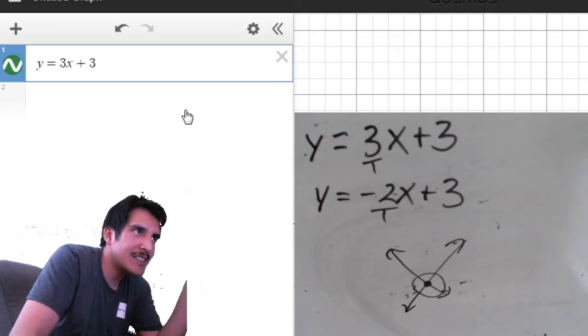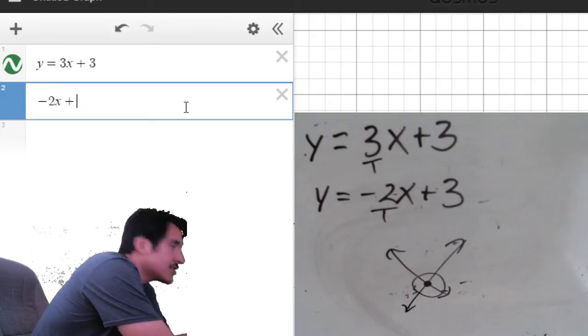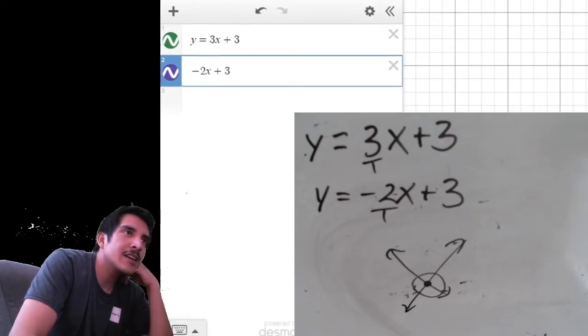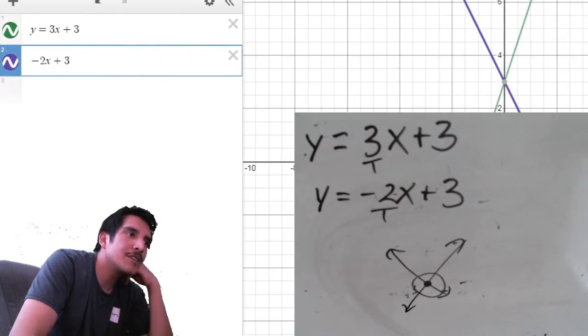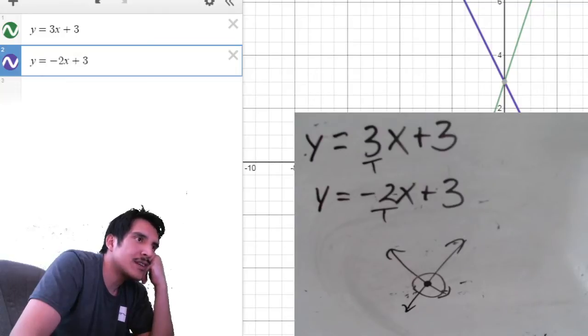That looks correct. And then I also enter y equals negative 2x plus 3. As you can hopefully see, I have entered both of these equations. I have to shrink it so you can see everything.